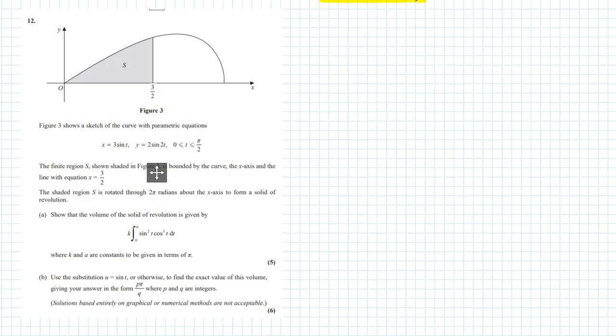Question number 12, part A. X is equal to 3 sin t and y is equal to 2 sin 2t.